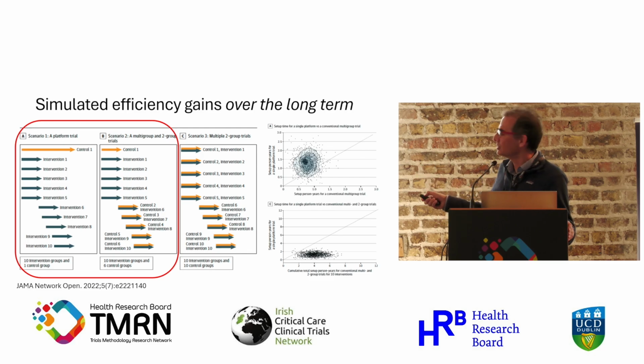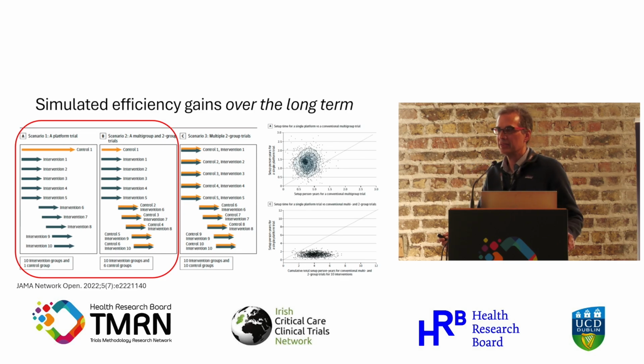It sounds very complicated to do in a standard fashion, but it turns out that this multi-group approach is more efficient, so fewer person years to set up and cheaper compared to the platform trial, right? But if you wanted to do what people were mostly doing before platform trials came along, 10 trials of 10 interventions versus 10 control groups, the platform trial clearly wins out here, right?